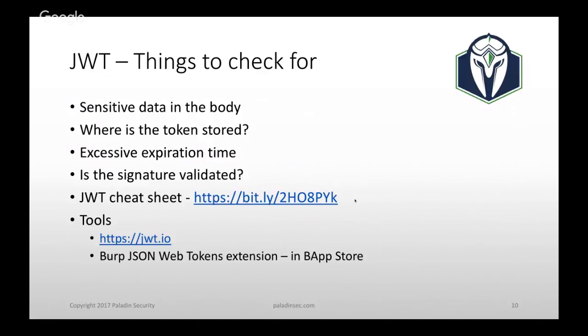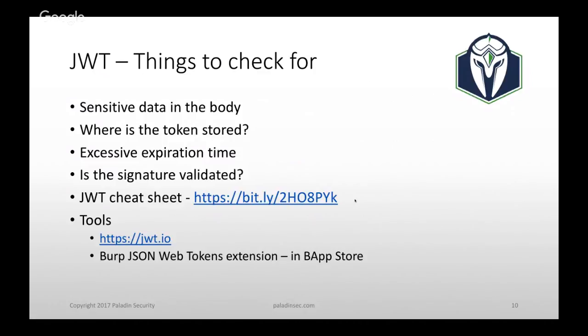Where is the token stored? Is it stored as a cookie, or is it stored in the browser local storage? If it's stored inside of local storage, then it becomes possible via a cross-site scripting attack to pull that out of local storage and send it to the attacker. Whereas if it was in a cookie and the secure flag was set, the JavaScript wouldn't be able to access that cookie.